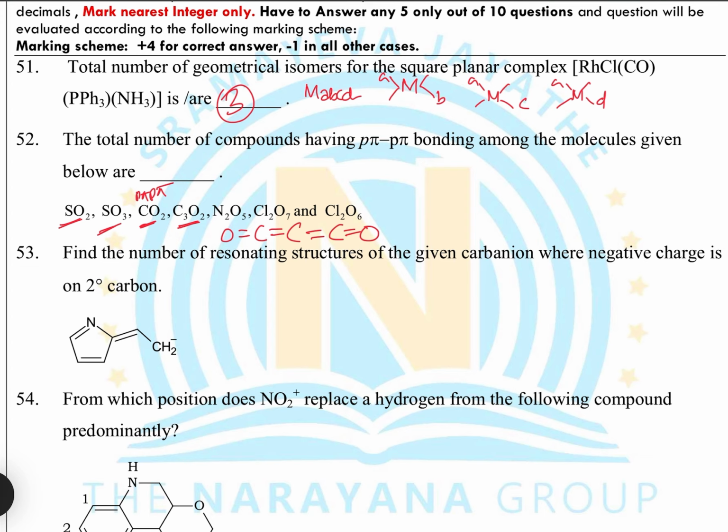N2O5, nitrogen oxide, means compulsorily. Cl2O7 and Cl2O6, both these have only d pi p pi, because both chlorines in these cases undergo sp3 hybridization. There are no pure p orbitals with chlorine, so no p pi, only d pi in those cases. So answer should be 5.